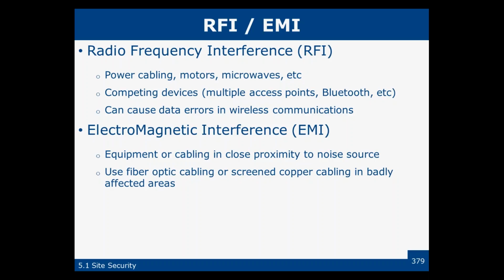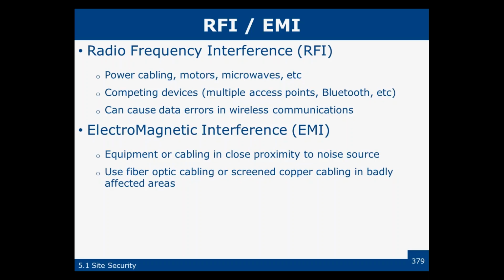In the wireless world, a microwave may be competing or interfering with the wireless access point. You may have remote devices, game controllers, portable telephones, not cell phones, but portable telephones can interfere with these things. Can cause data errors or actually perform a sort of a denial of service in wireless communications.